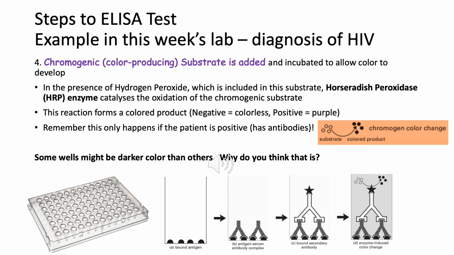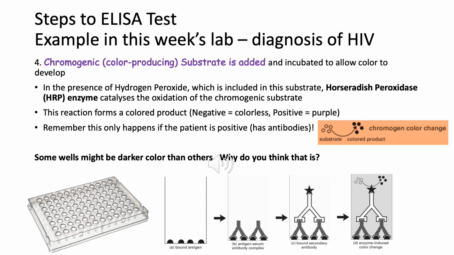But remember, that's happening only if the patient is positive and has those primary antibodies. So if the patient has the primary antibodies, they bind to the antigen, and then those secondary antibodies bind to the primary antibodies. They have the enzyme attached, and when this chromogenic substrate is added, that enzyme can change the color from clear to purple.